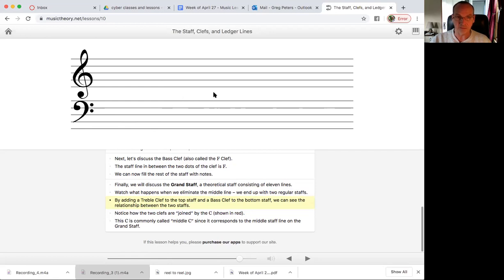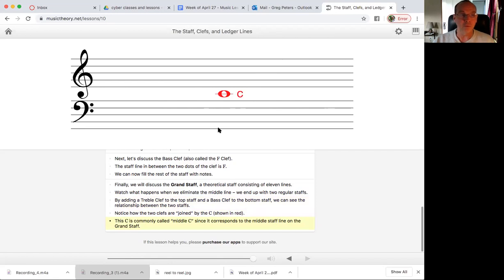A C would be one ledger line up. While in treble clef, going from that C, which is the ledger line below the staff, we would have a D resting below the staff, an E, an F, and a G. And so it would actually look like this. The C, a D, an E, F, G, A, B, C, D, E, F, G.